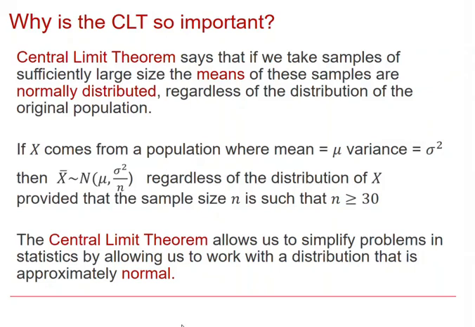And it's useful for you, if you follow the link to the Wolfram demonstration, perhaps to try some very skew original populations and try some different sample sizes and just convince yourself that those sample means do end up normally distributed regardless of the original distribution.